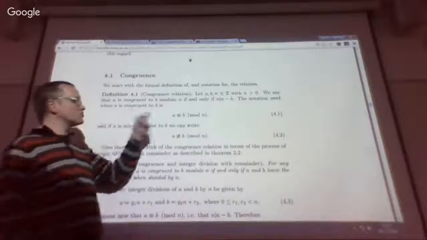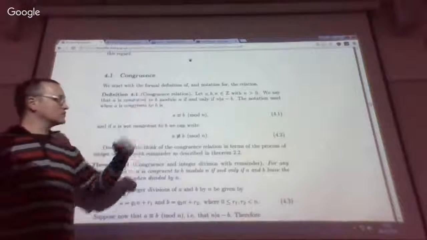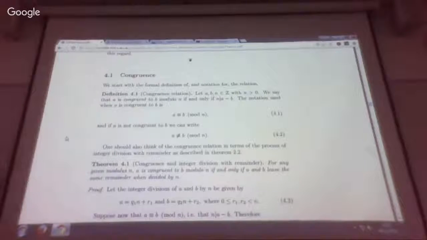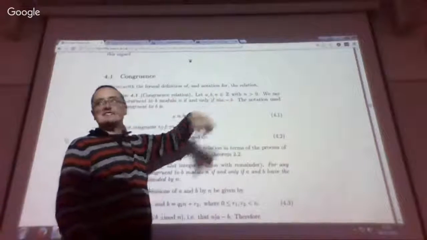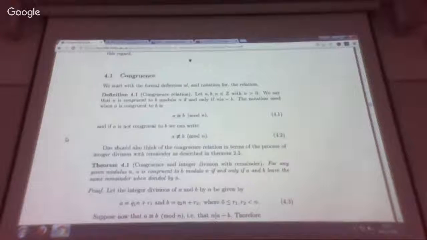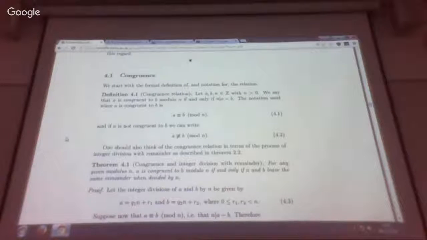If we want to assert that it's true, we write it like this: a congruent to b modulo n. If it's not true, we write that as a not congruent to b modulo n. The definition we give to it is that the difference between the two numbers, a minus b, is divisible by n. Or the distance between the numbers along the integer number line is a multiple of n. A couple of different ways you might place it.